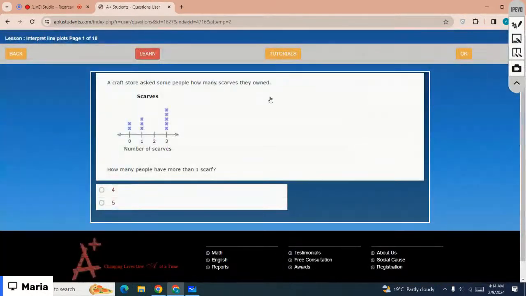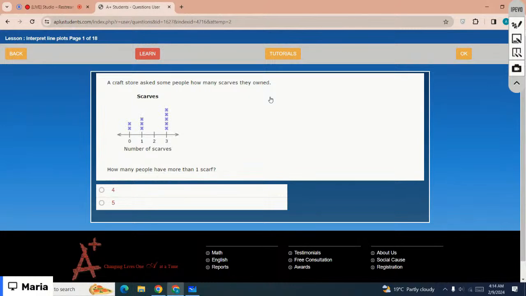Okay, a craft store asked some people how many scarves they owned. How many people have more than one scarf? So more than one values are 2 and 3, right? You need to count the people who have 2 and 3 scarves, right?